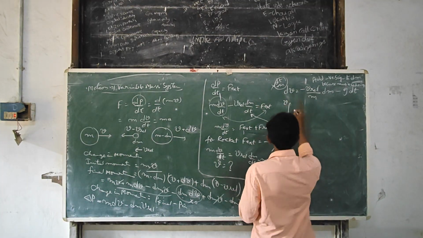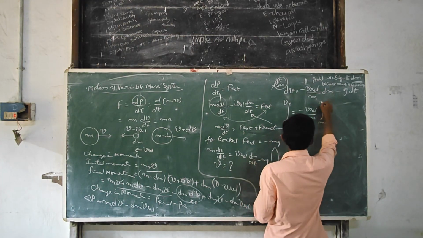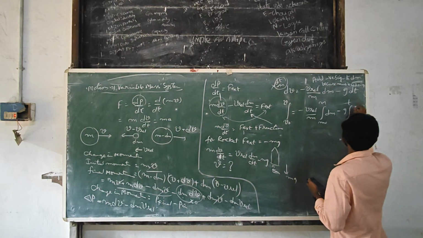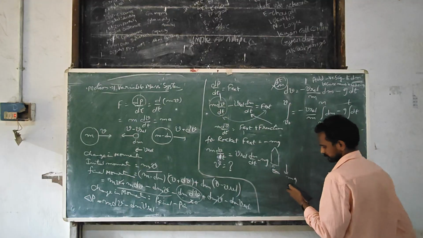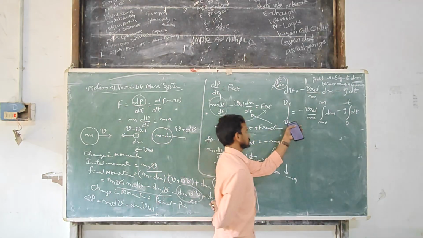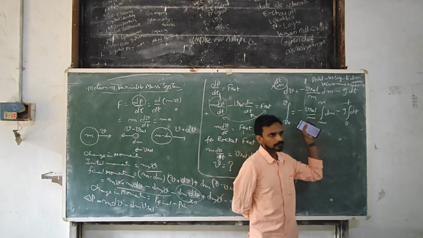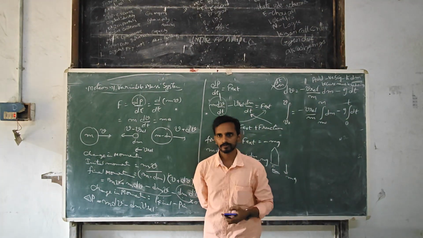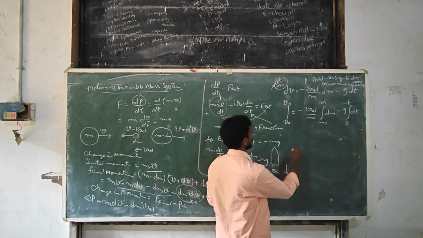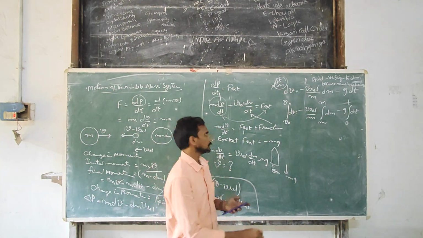integral v0 to v, minus v relative by m, integral m0 to m dm, minus g. So the variations are: time changes from 0 to t, mass changes from m0 to m, velocity changes from v0 to v. Okay, so if you integrate that, what do you get?